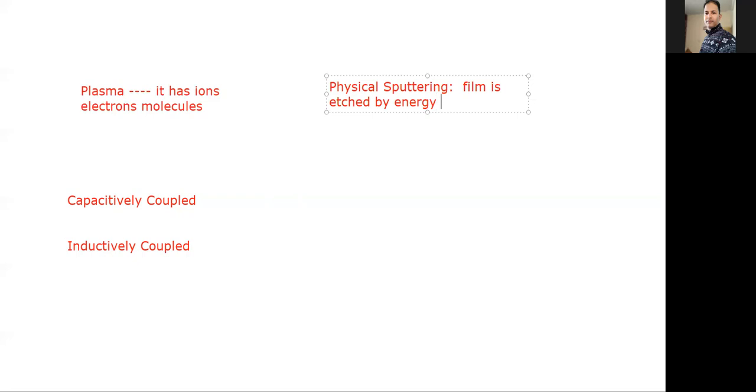When these ions bombard your film, due to the kinetic energy of ions striking the thin film, your thin film gets removed. Basically it's a kind of mechanical force, so your thin film is eroded by continuous bombardment of ions.